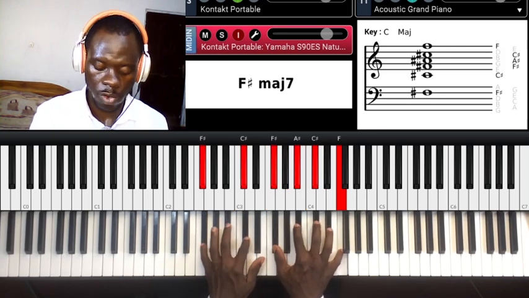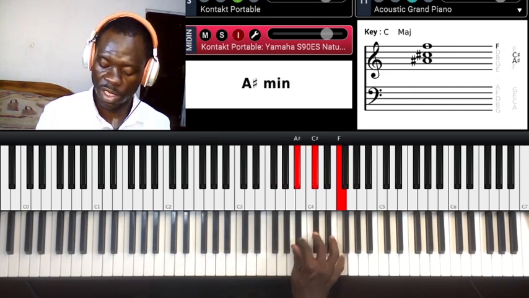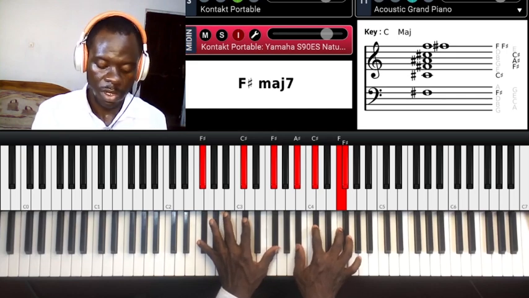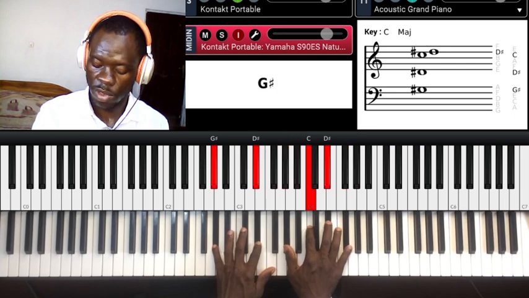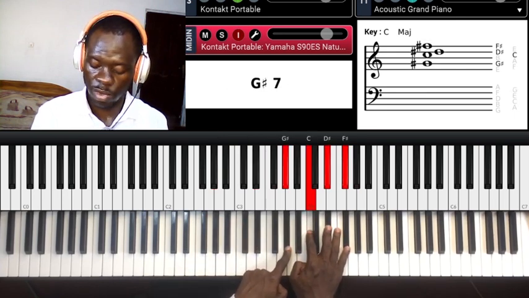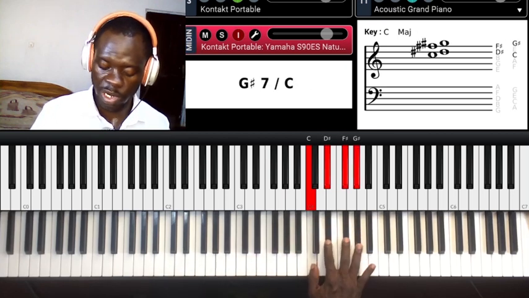Then the chord 4, we move the F here, F sharp. Then the 5th chord, we move the 5th here, and we're going to be playing like this.